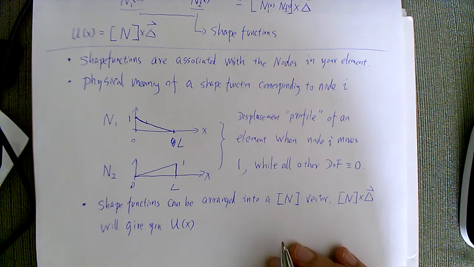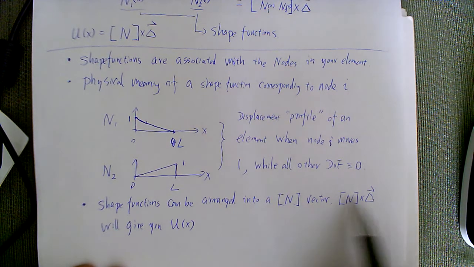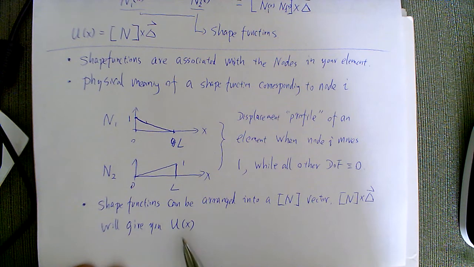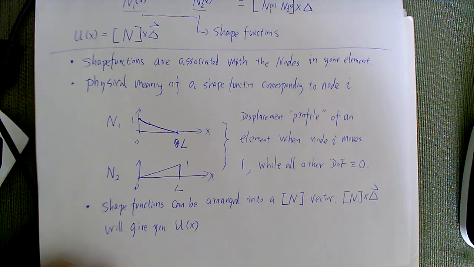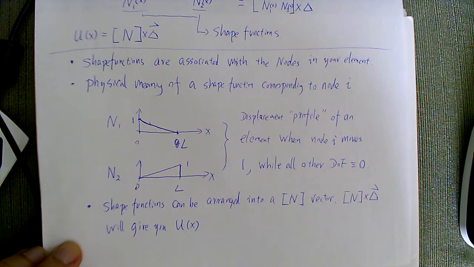Later on, we're gonna talk about beams. There will be shape functions that give you the displacement in the x or in the y direction and all that, but conceptually it's the same. So the beauty of this presentation is that if you think about a displacement function, you always think about a function.